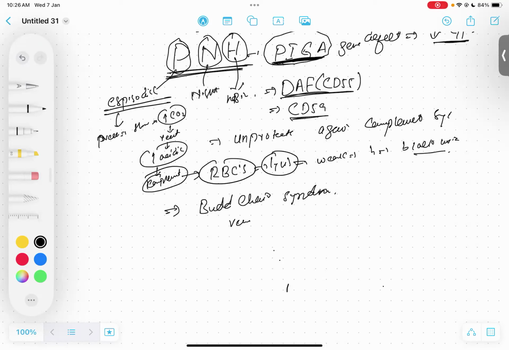Because we are discussing immunology here, you should only remember these DAFs, because DAFs are usually responsible for protecting RBCs from complement activation.